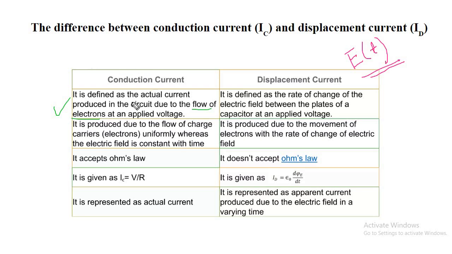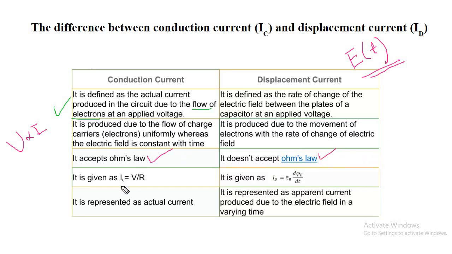Obviously, we are talking about the flow of electrons, where voltage is proportional to current. So voltage is proportional to current; it comes from the simple Ohm's law. But here, as we don't have a flow of charges, because of the time dependent electric field, the orientation of the dipole is changing. So current is passing, but this is not following Ohm's law.